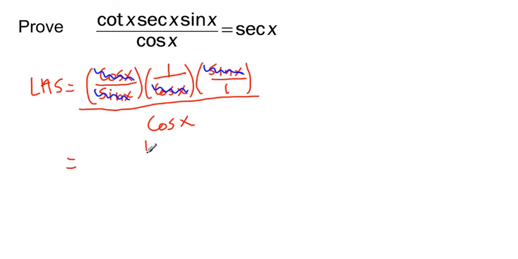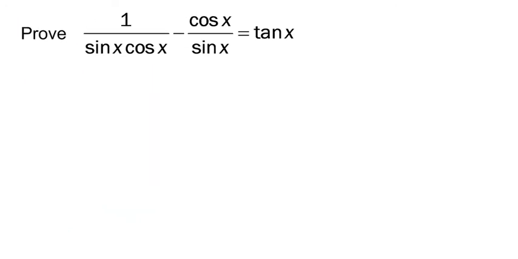So I'm left with 1 over cos of x, which we know as secant. We just talked about it in the last example. Secant x, which is equal to the right hand side. And that's it. We're done that proof. So again, guys, this stuff is not too complicated if you just really critically think about changing stuff in terms of sine and cos.